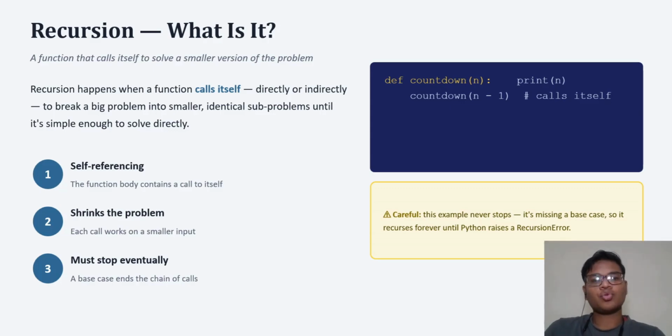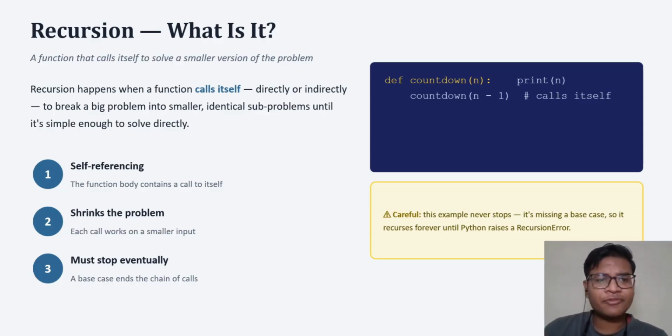If any function calls itself to solve a smaller version of the problem, that's known as recursion. Recursion happens when a function calls itself, directly or indirectly, to break a big problem into a smaller, identical subproblem until it's simple enough to solve directly.